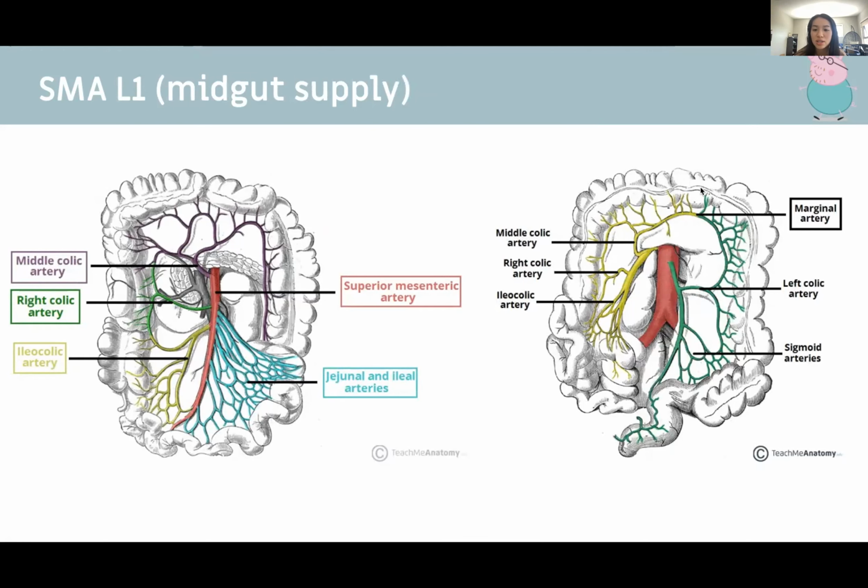However, this part, the blood will not reach as far if you have very little blood. This blood will not travel as far, and this blood will also not travel as far. This part, because it's got no designated blood supply, will actually be the first to die. Okay, so this is the watershed area.